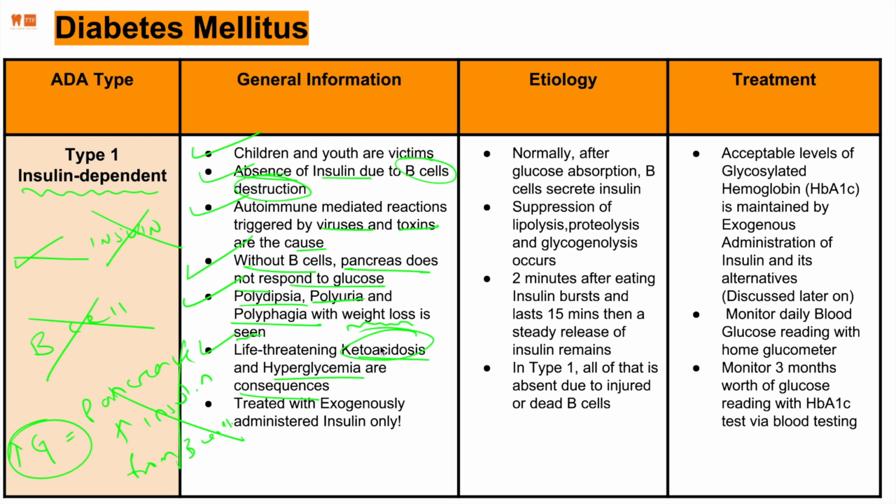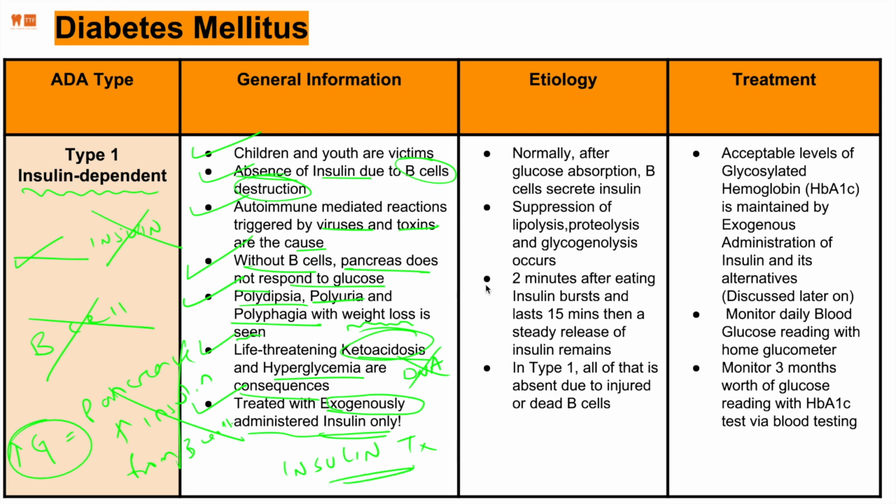Ketone bodies are life-threatening. They're radicals. They end up hurting the direct composition of DNA. It can only be treated with exogenously administered insulin. So this is where the treatment of insulin comes into play.